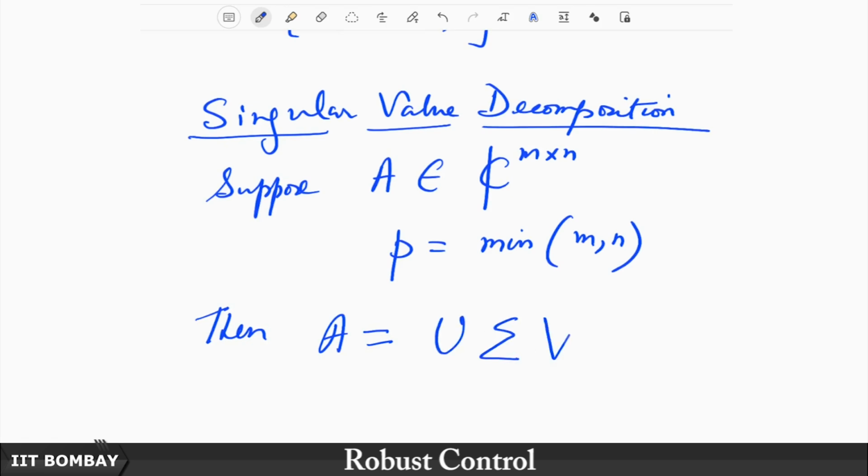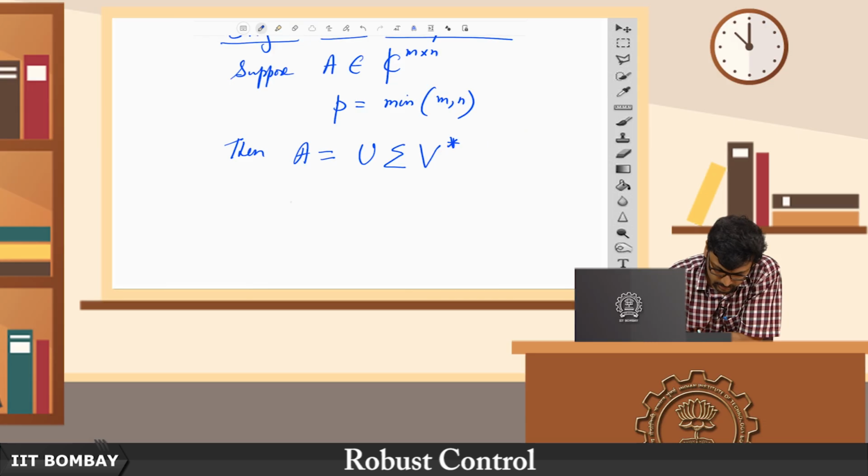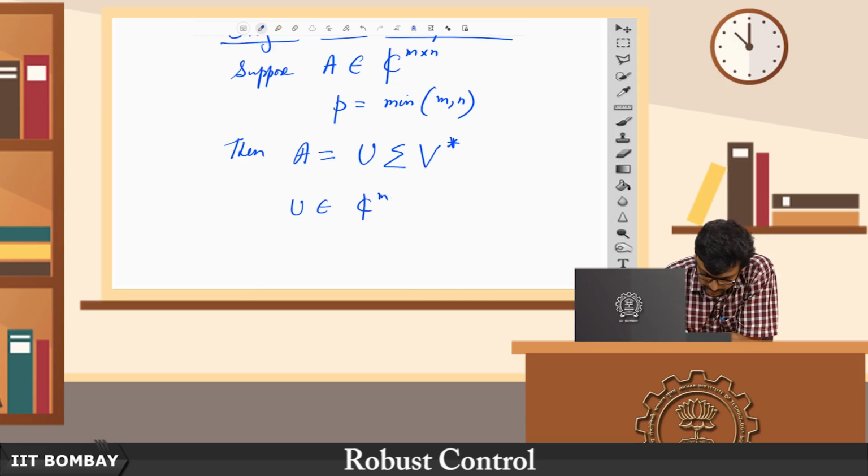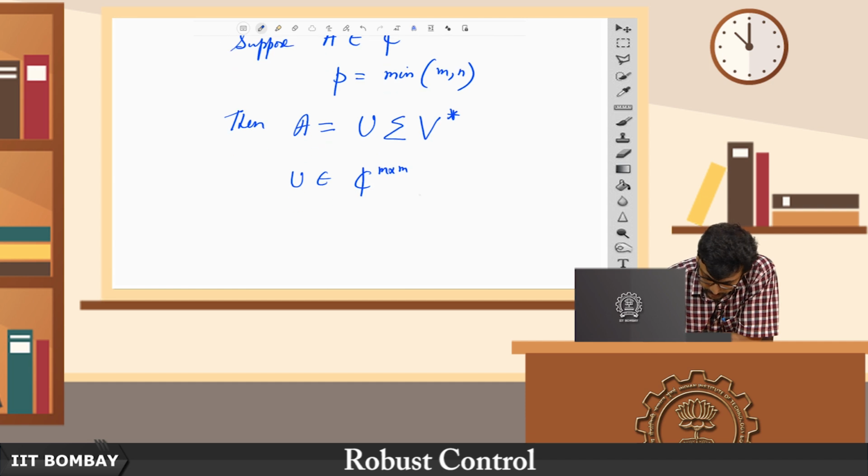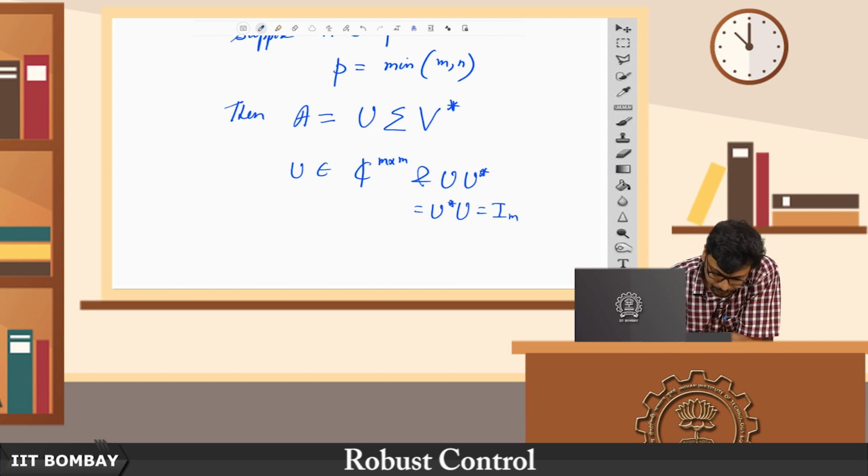Okay. Then we can write A as equal to some U times some Sigma times some V Hermitian, where U is of size m cross m, and U star U is equal to identity of size m.